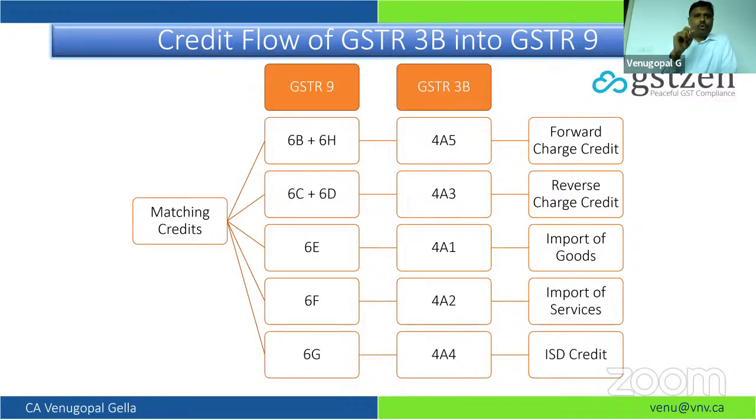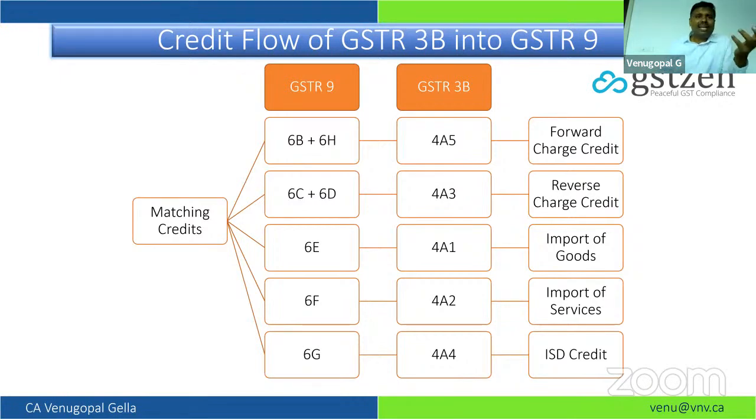Now, in 4A5, there is a chance that you will have a credit appearing twice. How is that possible? We have this concept of temporary reversals and permanent reversals. For example, in the current month, I have made the purchases, but the goods have not come to me. The bill has not come to me. How will I report it?